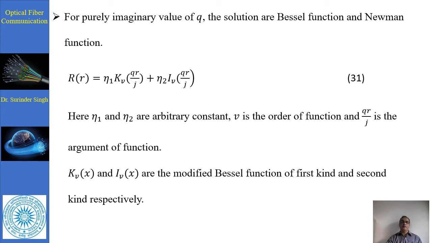So eta 1 and eta 2 are arbitrary constants, v is the order, and qr upon a is the argument. K v and I v are the modified Bessel functions of the first kind and second kind respectively.